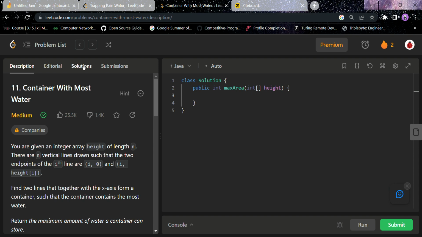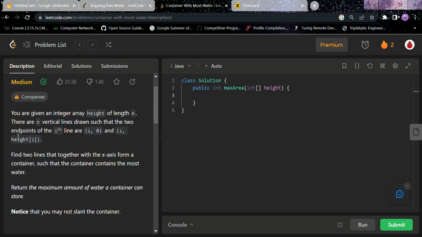So the question says: container with most water. You are given an integer array height of length n and there are n vertical lines such that the two endpoints of the ith line are (i, 0) and (i, height[i]).